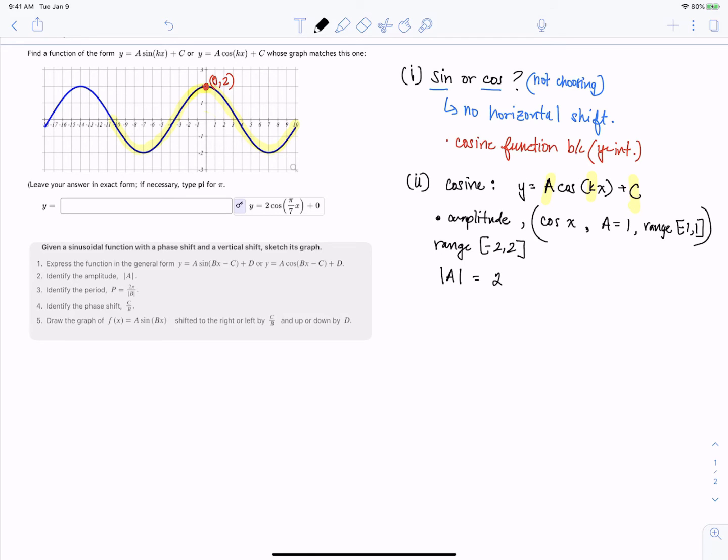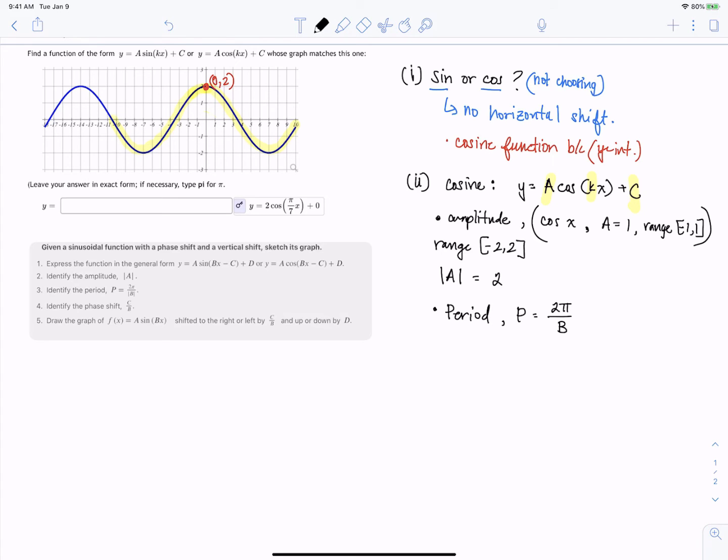The next thing we need to know is the period. I have it over here in this box. Here's the amplitude. Now we're going to identify the period. So the period is 2 pi over b.